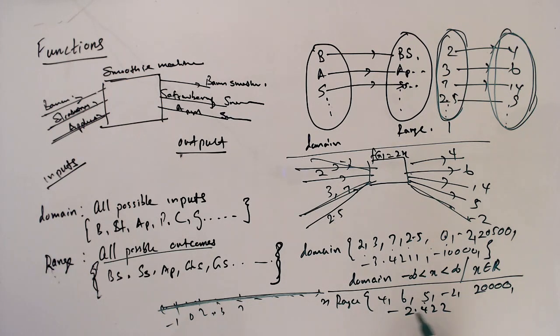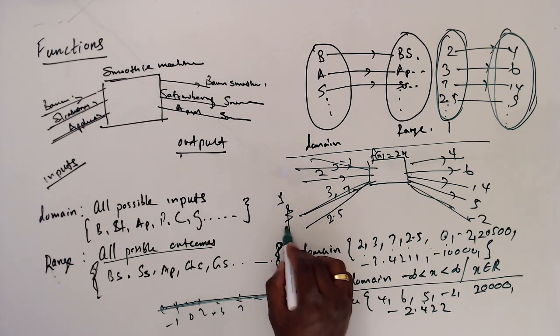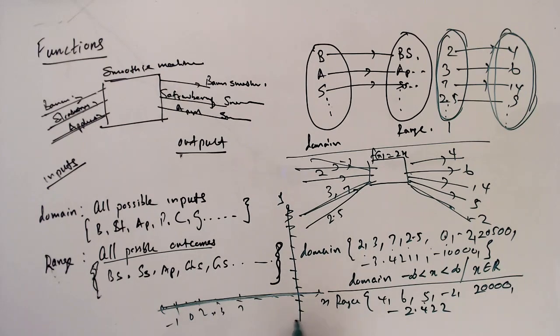So likewise, again, I have to write the whole number line on the y-axis. All the numbers on the y-axis. Minus infinity to plus infinity. So instead of that, I can simply write the range like this. Minus infinity < y < positive infinity.